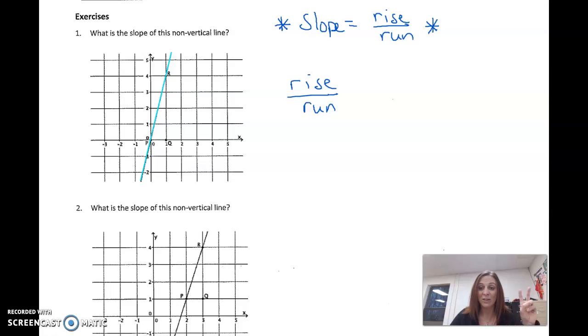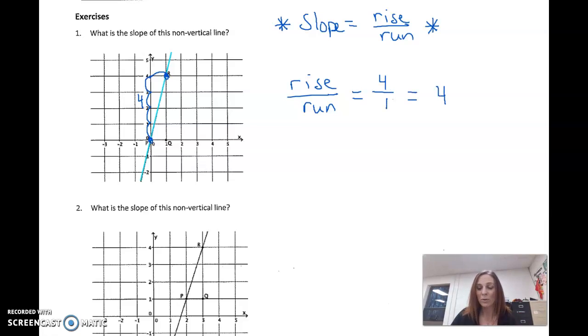So if you want to figure out its rise to its run, you pick 2 points on the graph. And again, make sure they go through the grid lines. We'll talk later about why it doesn't matter which numbers you pick. From here, I'm going to go up 1, 2, 3, 4, and I'm going to go over 1. So my rise is 4. My run, how much we're moving to the right, is 1.